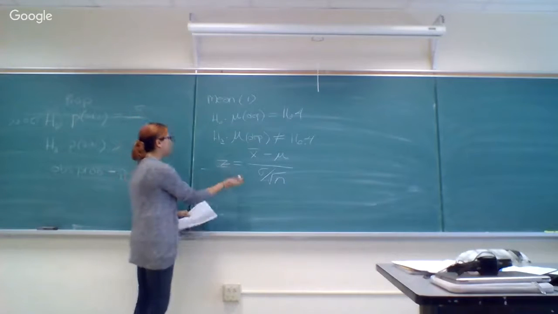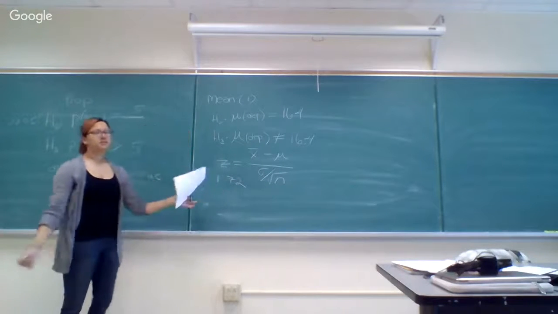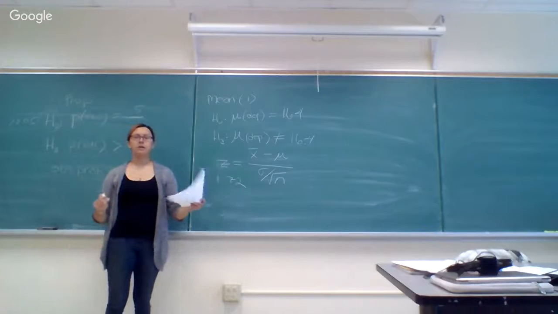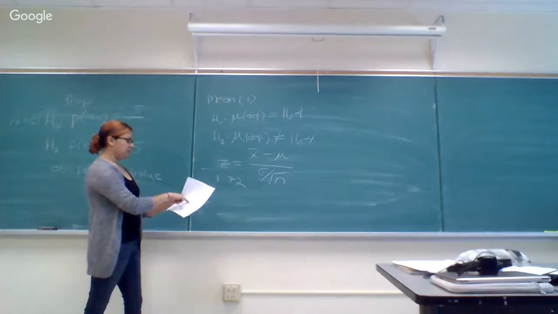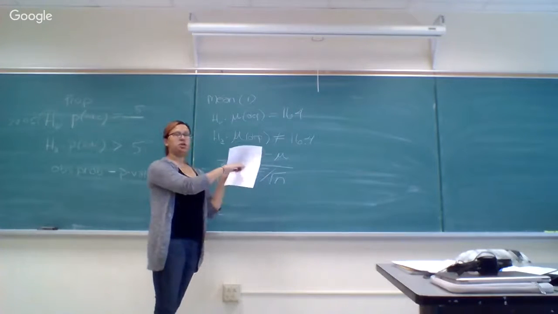Let's say the value is 1.72. If we're comparing to alpha equals 0.05, we're going to find the value that lines up in the chart here.